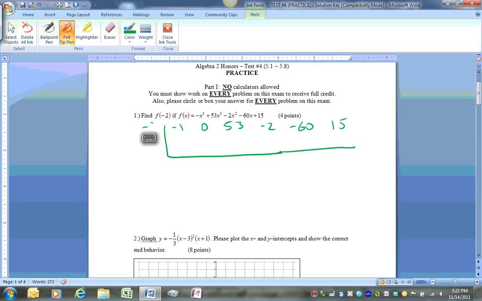On the outside I'll put negative 2 because that's what you're plugging in. Drop down the negative 1, multiply it, get 2, add it, and repeat the process. So you want to gain negative 265.